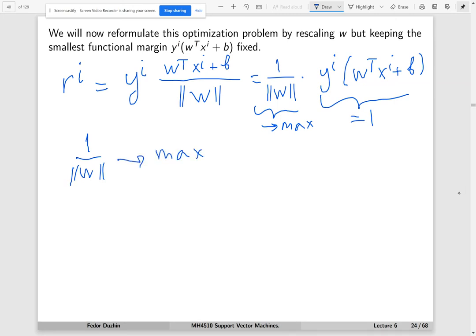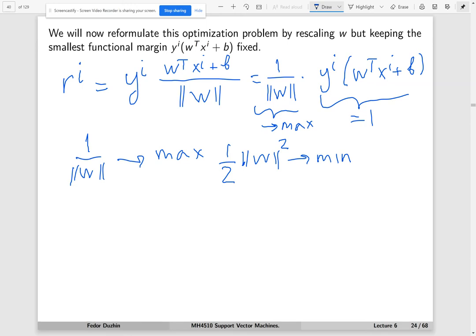But doing that is the same as minimizing the norm of w. And minimizing the norm of w is the same as minimizing the square of the norm. Usually we also add 1/2 here. Of course, it doesn't affect the final answer, but it's more convenient for differentiation to halve it.